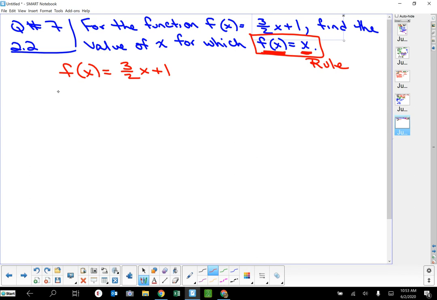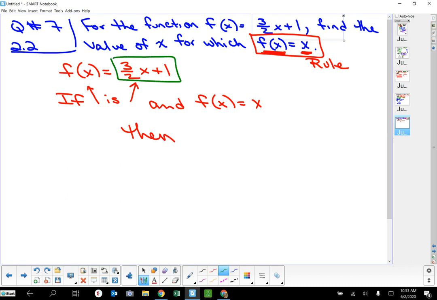So if f of x is this, and we know f of x equals x, then you just take this part, f of x, and set it equal to this part.